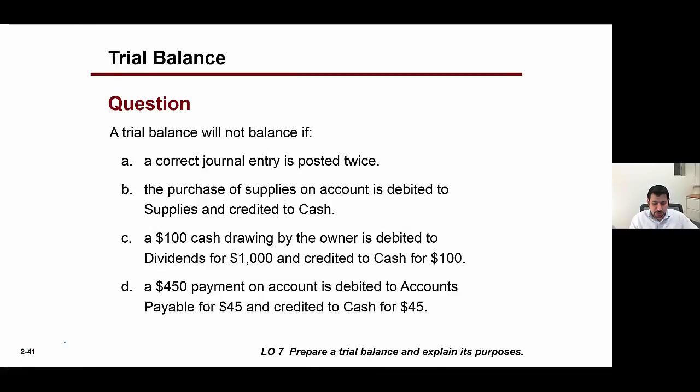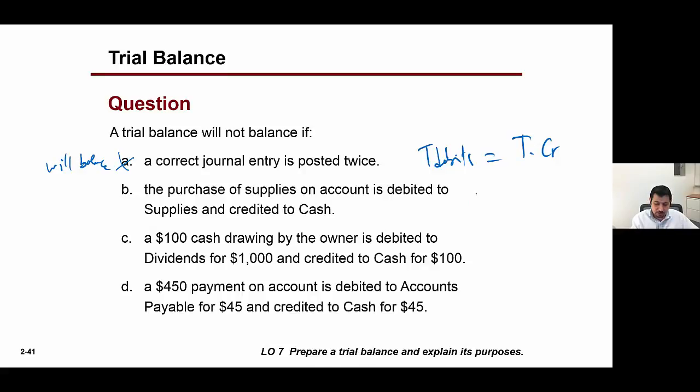The correct journal entry is posted twice. Still, in this case, we have total debits equal to total credits. So this is not the right answer. It will balance here. The purchase of supplies on account is debited to supplies and credited to cash.